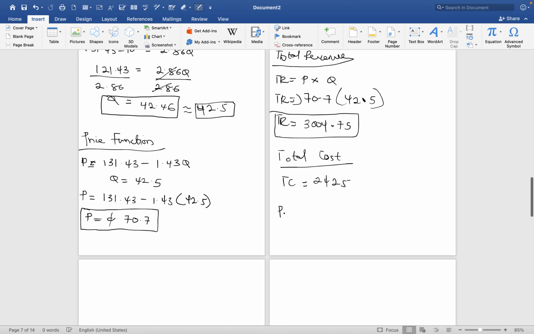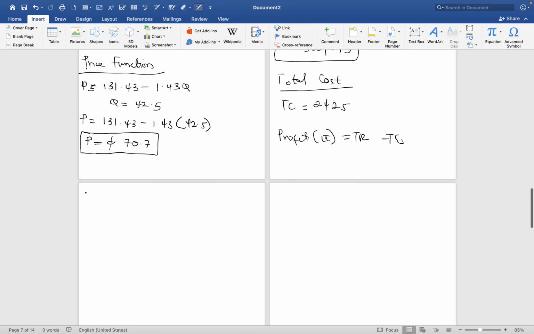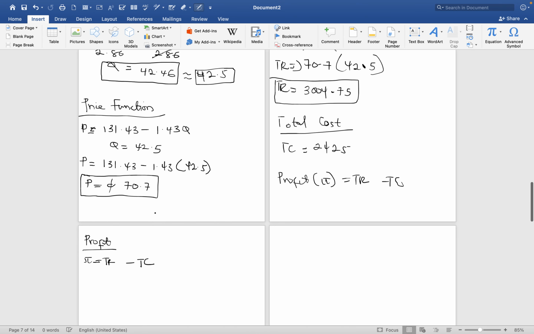So it means we can now find the profit, which is total revenue minus total cost. So the total revenue is 3004.75 minus total cost, which is 2425.